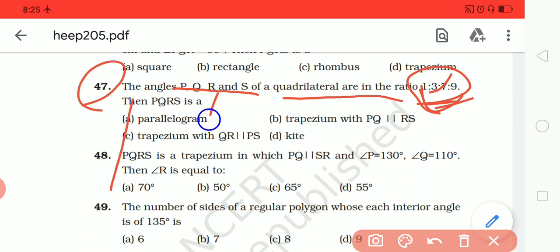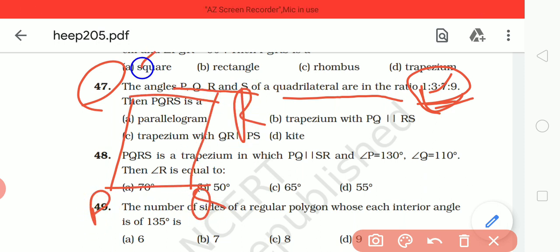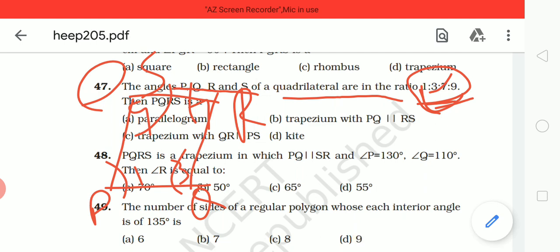Let us roughly draw this PQRS. If I take them in order 1, 3, 7, 9, you can see these are multiples of 10, right? So their sum can be 180 degrees, so it can be a trapezium where PQ is parallel to RS, right? So B is the right option.